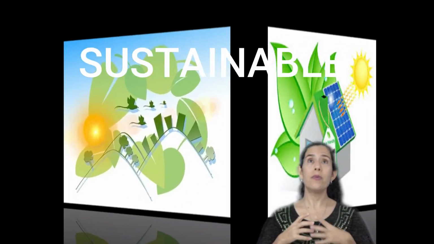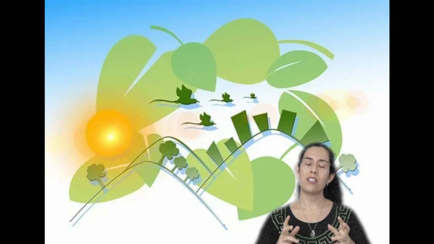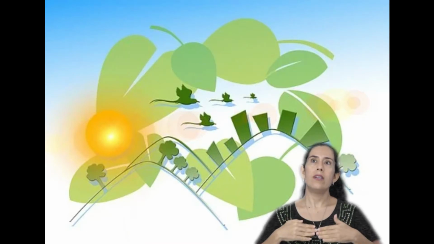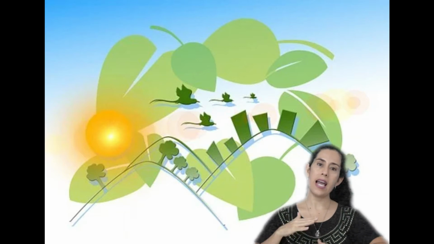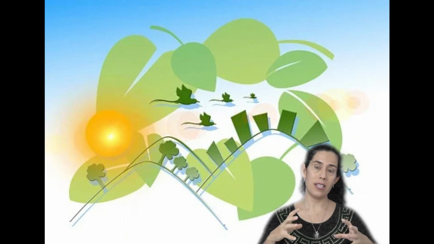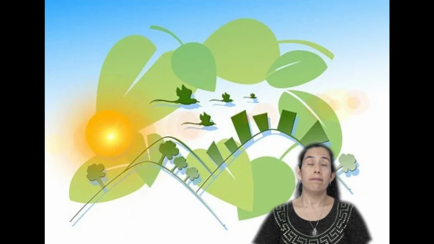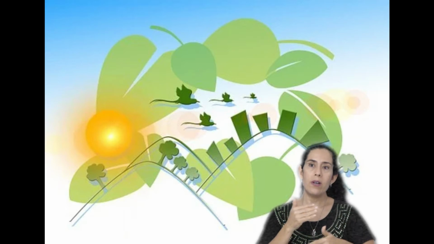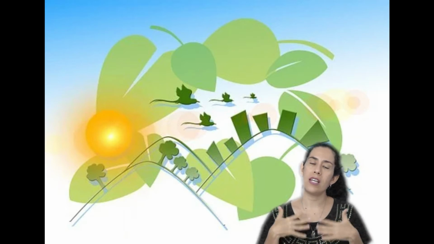So sustainable, we discussed previously what sustainability meant. Sustainable architecture means that it will try to reduce the impact we have as architects, and the building itself, on the environment. So it will self-produce the energy it needs.